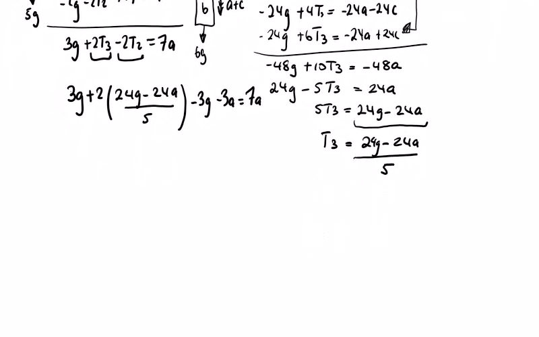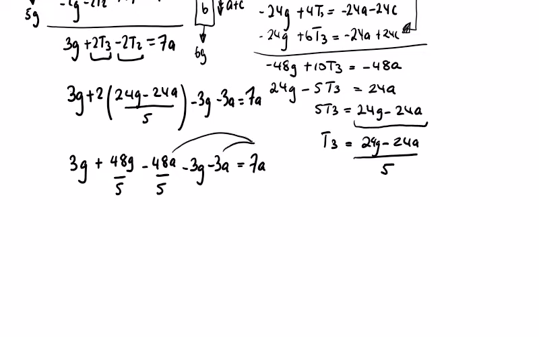So now we can solve for a. 3g plus 48g over 5 minus 48a over 5 minus 3g minus 3a is equal to 7a. So bring my a's across. I'm bringing this one and this one over. So I'm going to get 3g plus 48g over 5 minus 3g.